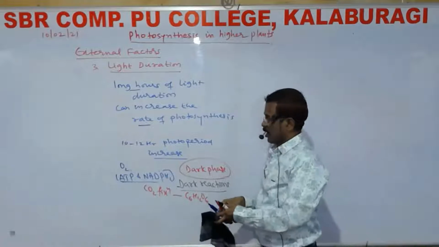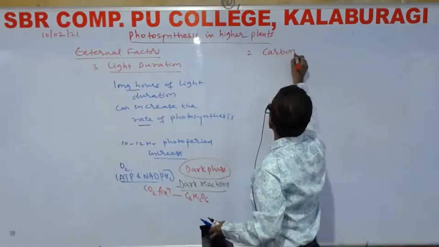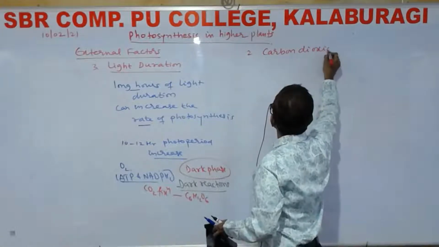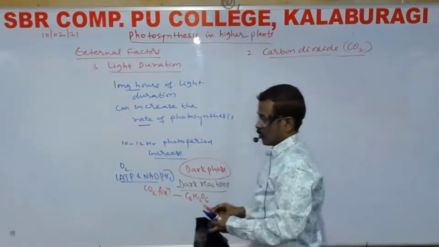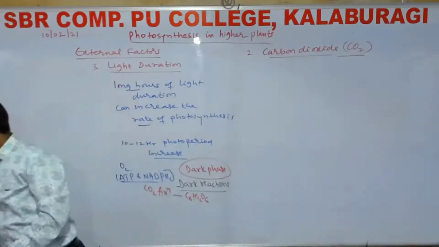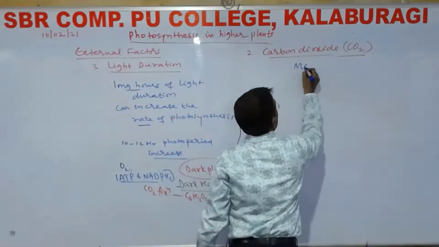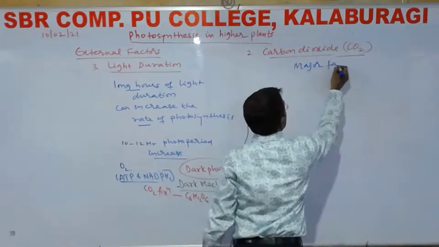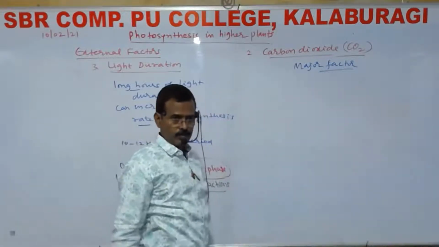Next, the second external factor: carbon dioxide. It is one of the major factors influencing the rate of photosynthesis.